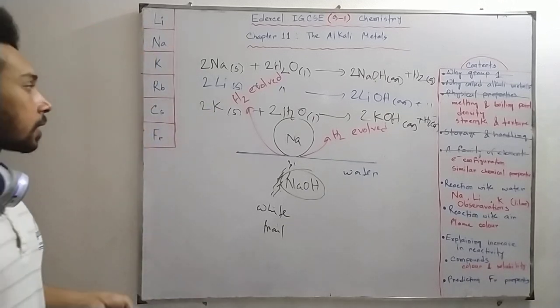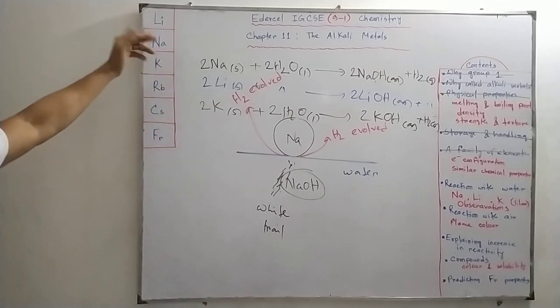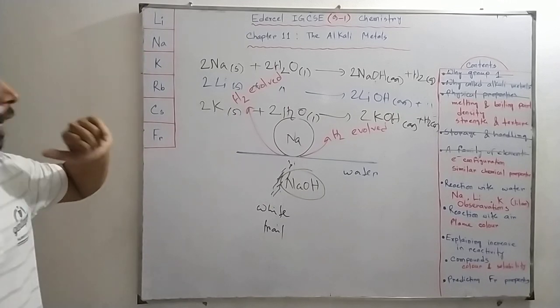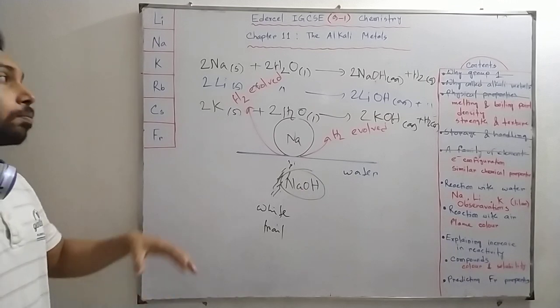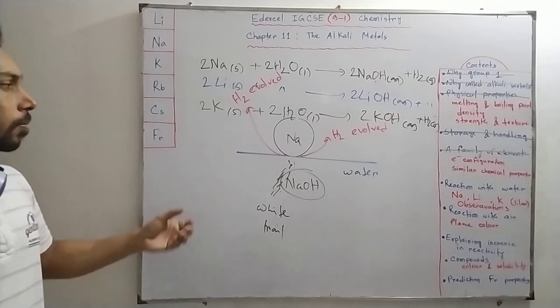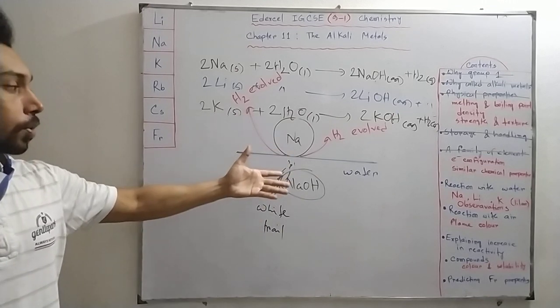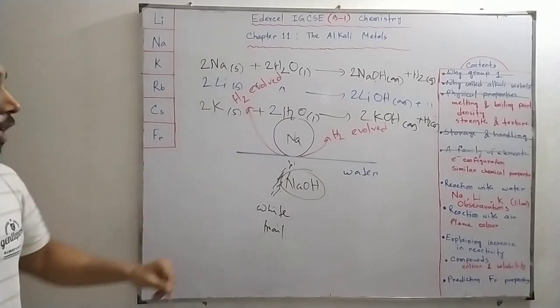Since potassium is down the group, below sodium and more reactive than sodium, therefore the reaction will be more vigorous and more exothermic. That's why more heat will be produced, and the other observations are the same.